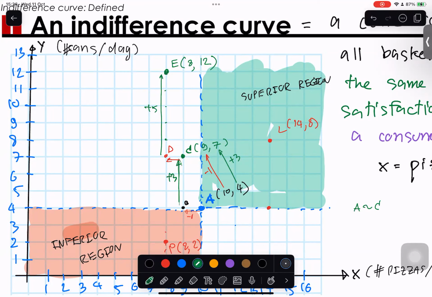That means basket E must generate the same satisfaction as basket C. So I write again: A, C, E are all indifferent. All of them generate the same level of satisfaction. Once you get fully compensated with another good for the loss and you feel completely okay, that means you are indifferent between E and C and A. Okay. Now I connect. Let's connect E, C, and A.